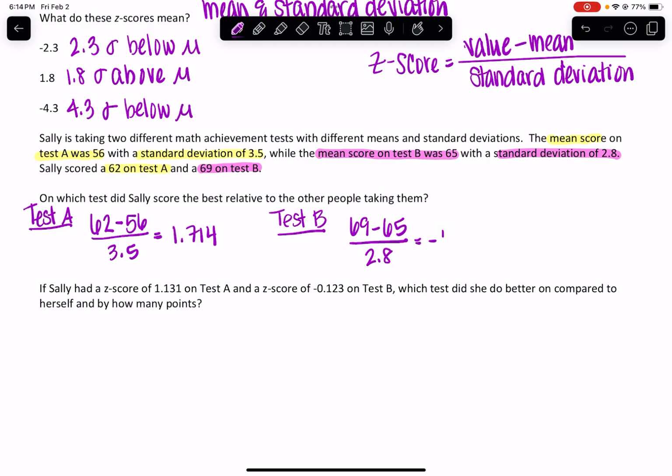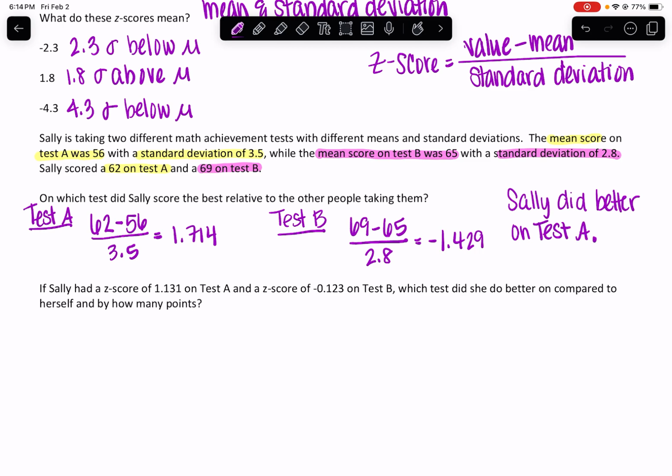So she got a negative 1.429. And so since she improved and did better on that, so Sally did better on test A, even though her grade was lower because the z-score was better.